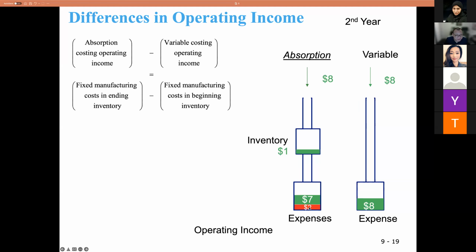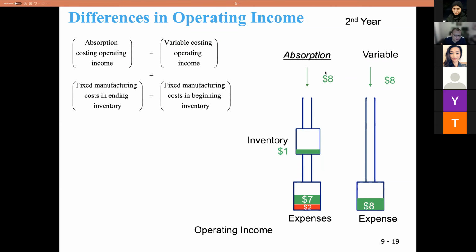Those products will be sold, right? The products sitting in the ending inventory last year are sold in the second year. If you think about FIFO, first in, first out, those items in the ending inventory of year one will be sold first. So that's why that $2 is now in the cost of goods sold.